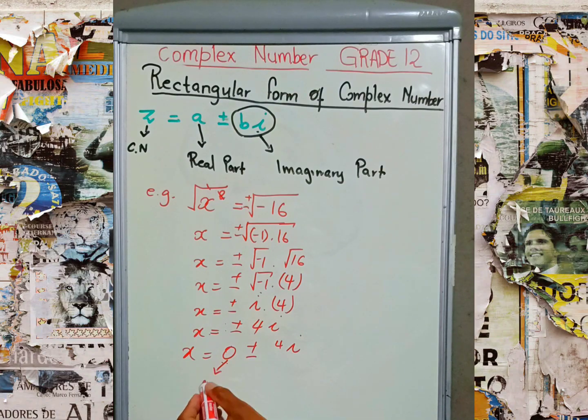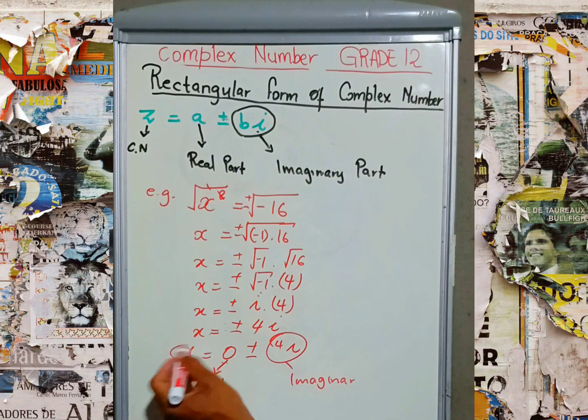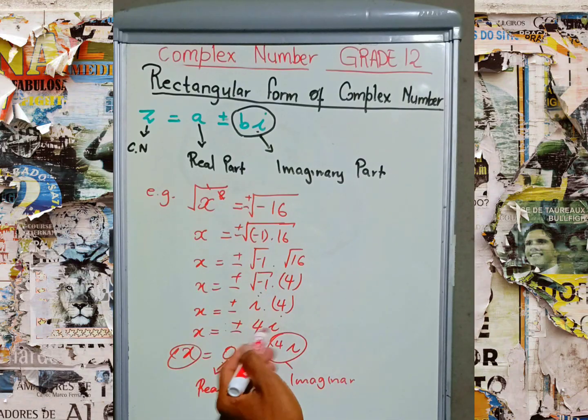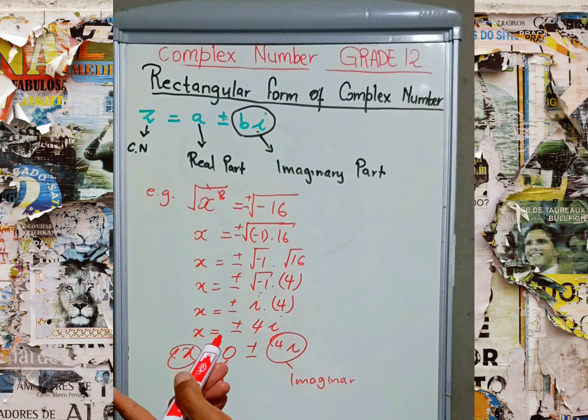This 0 indicates the real part, and this one indicates the imaginary part. That means it is a complex number, because we created this sum to be one that does not exist in mathematics.